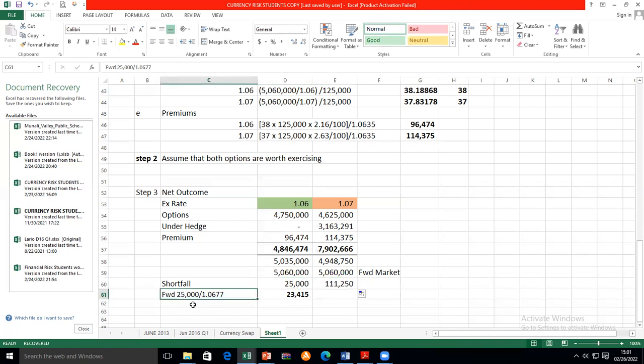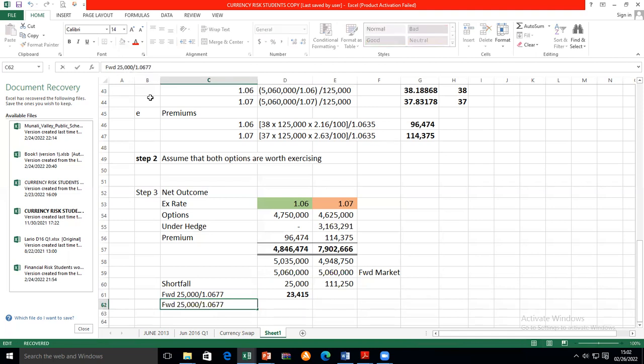Again, on the forward markets, let's go: 111,250, divided by 1.0677.